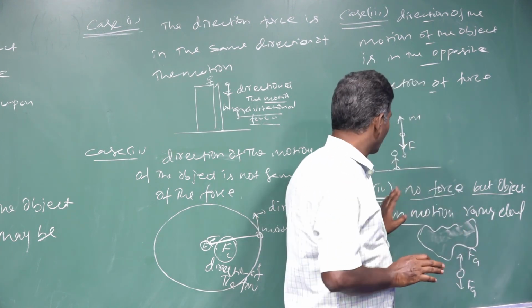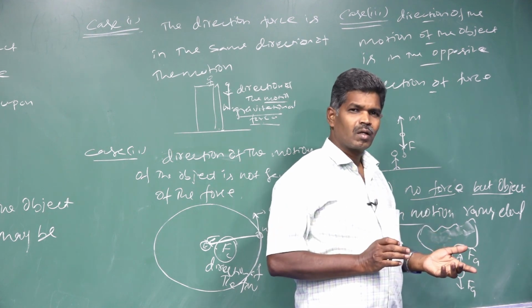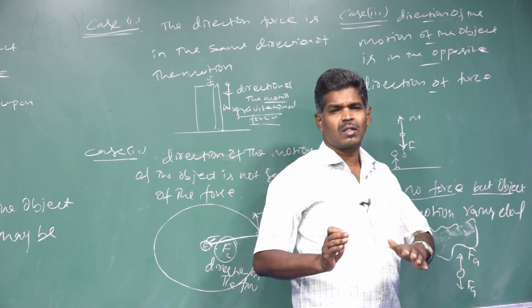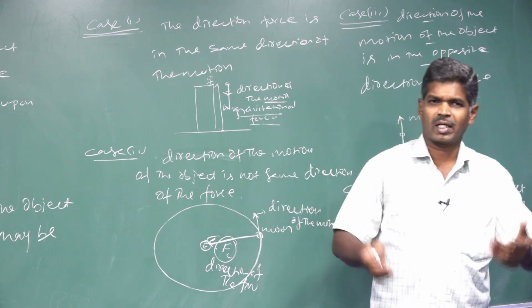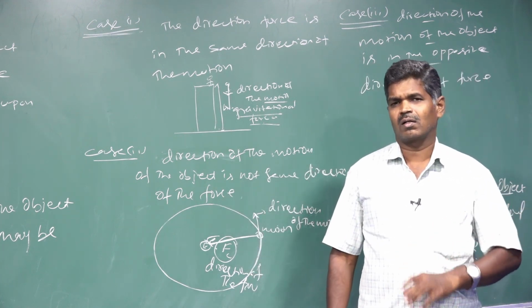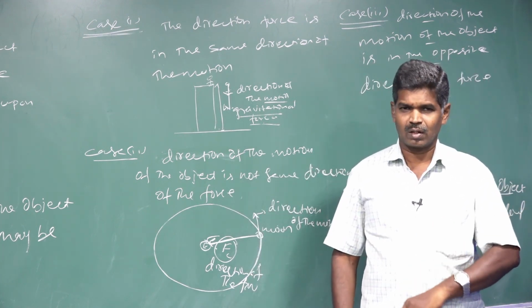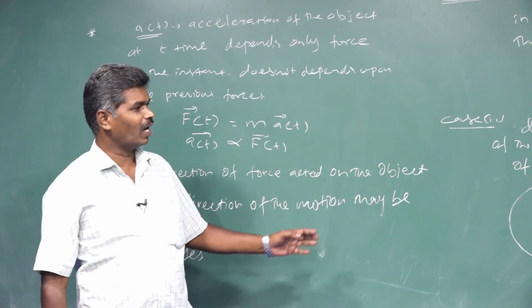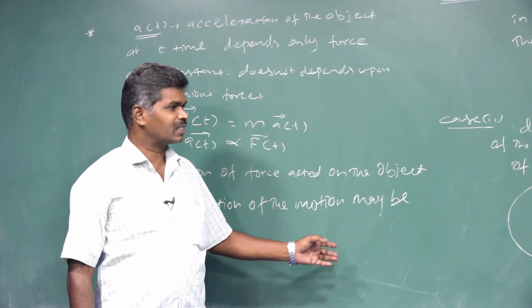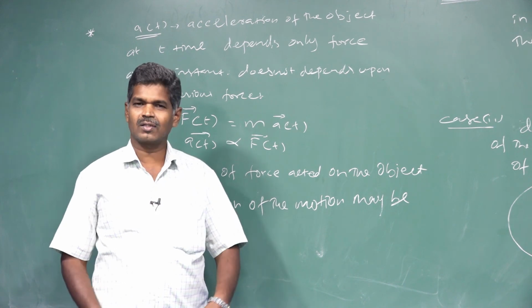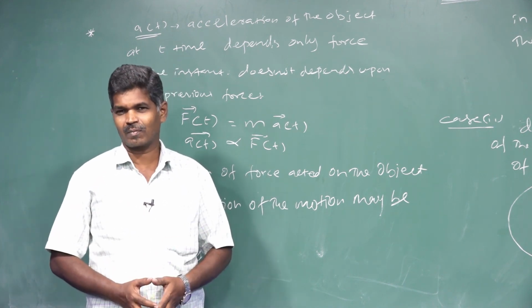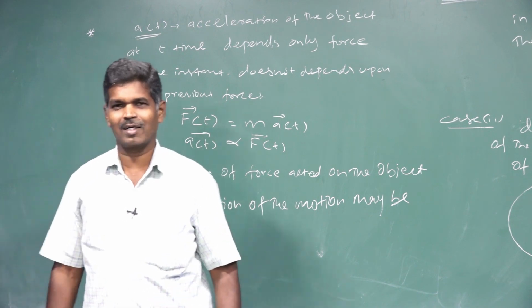That is the fourth case: force as well as motion may or may not be in different directions. That is a very important point. There we have completed 4 cases. Anyway, we have completed some cases in Newton's laws of motion. Go through it very clearly. Thank you to all of our 11th students.